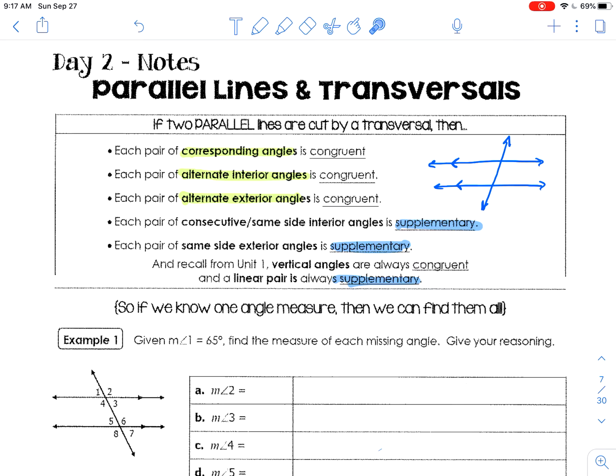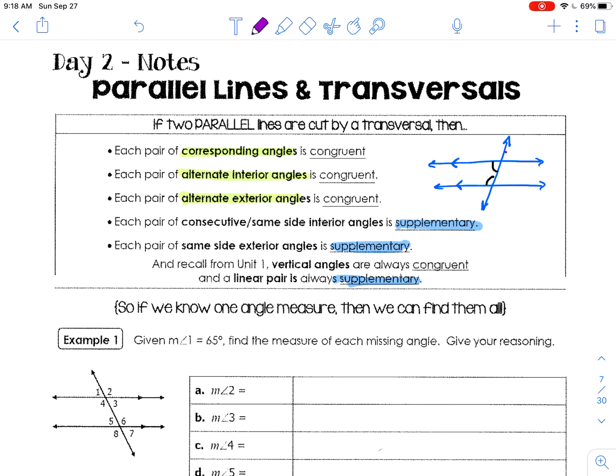Now, there are some other supplementary angles. Those are the only three that are congruent, but supplementary would be consecutive same side interior angles. And so if again this is our transversal, we want to be consecutive, meaning right next to each other on the same side. These two angles are same side interior and they are supplementary.